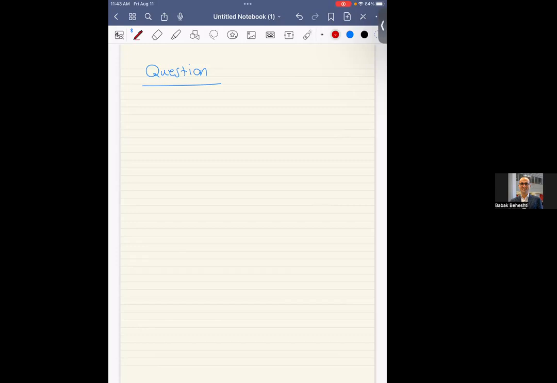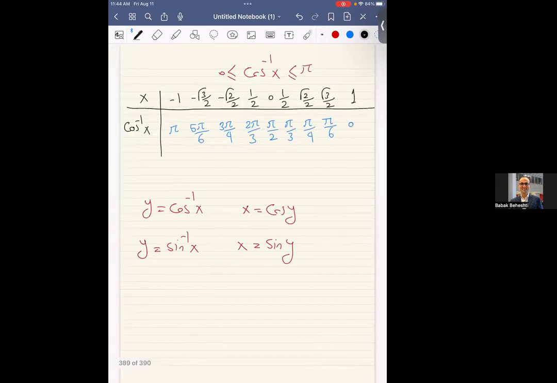What is cosine inverse of -1/2? Look here at this chart, and this is -1/2.